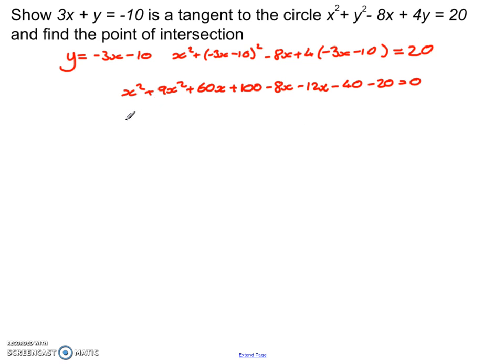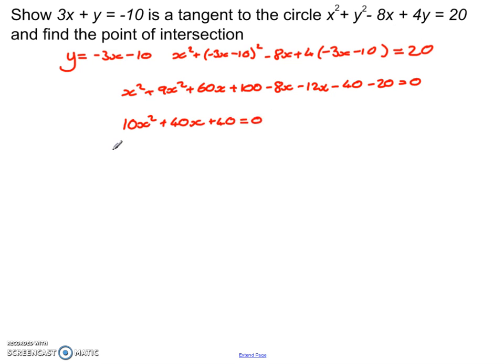So x squared plus 9x squared, that gives me 10x squared. I've then got 60x, take away 8x, take away 12x, so it's 60x, take away 20x, that then gives me plus 40x. I've then got plus 100, take away 40, take away 20, 100 minus 60, I get plus 40 equals 0.